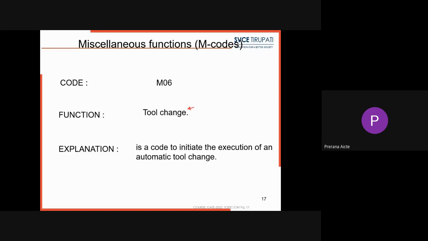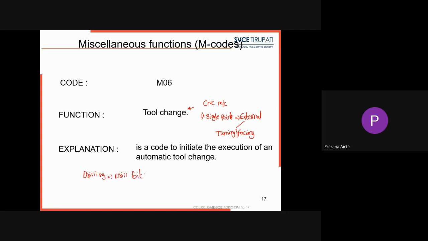During a CNC machining operation, the machining will consist of a number of operations. For example, if you are taking a lathe machine, we are using a single point cutting tool, that is nothing but an external tool. The external tool is basically utilized for turning or facing operations. But if I want to do a drilling operation, then I have to use a drill bit.